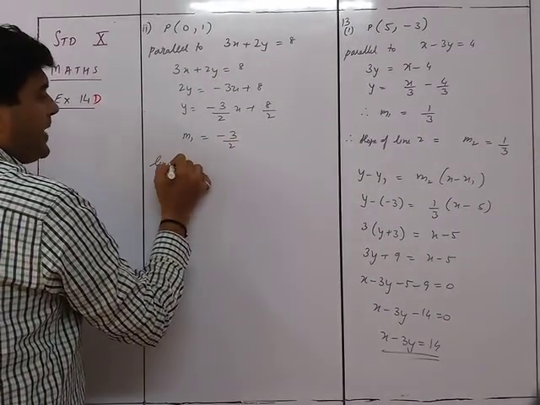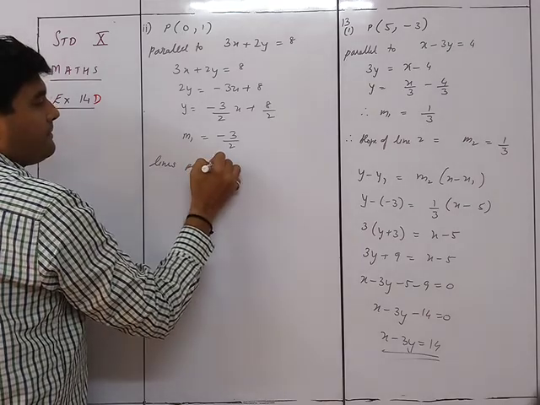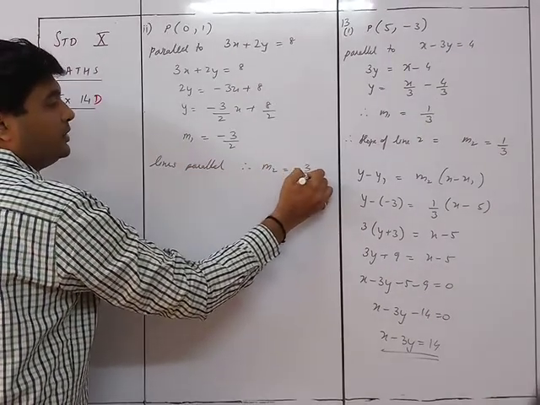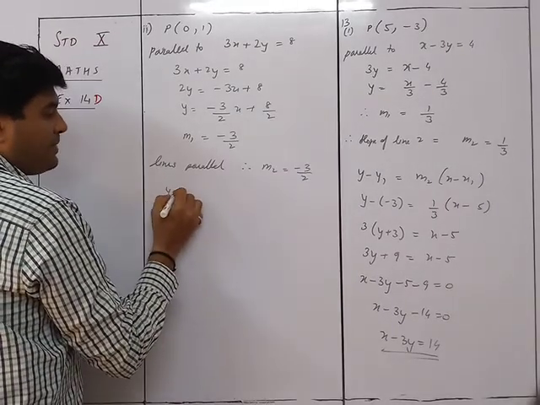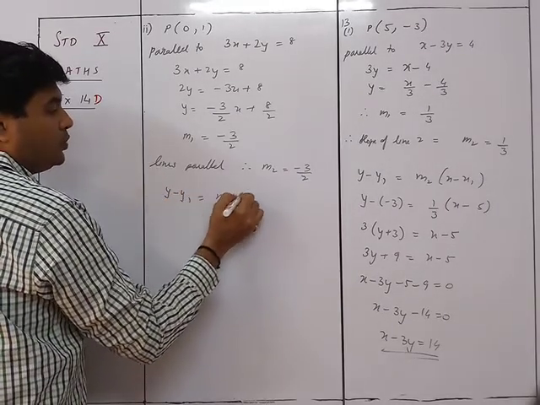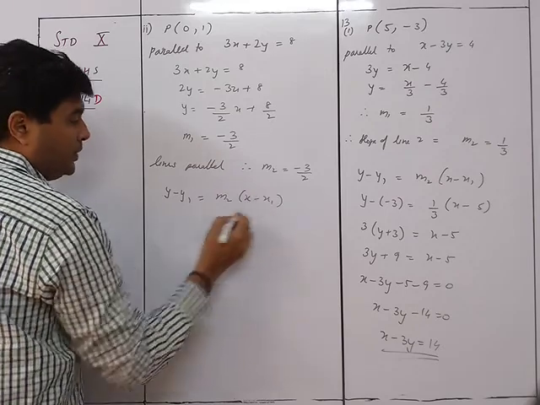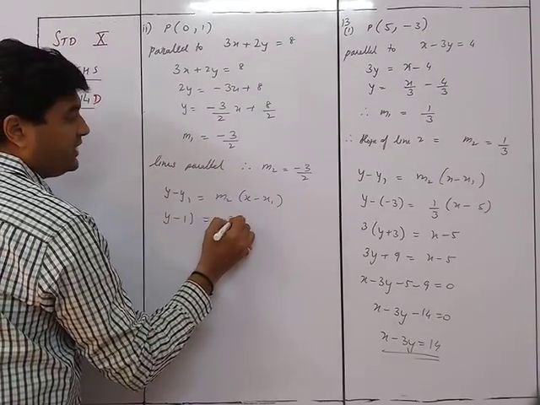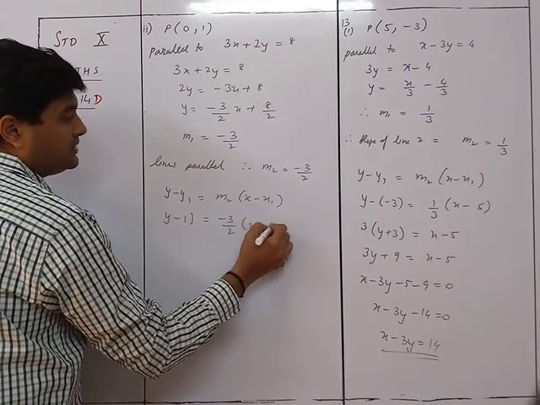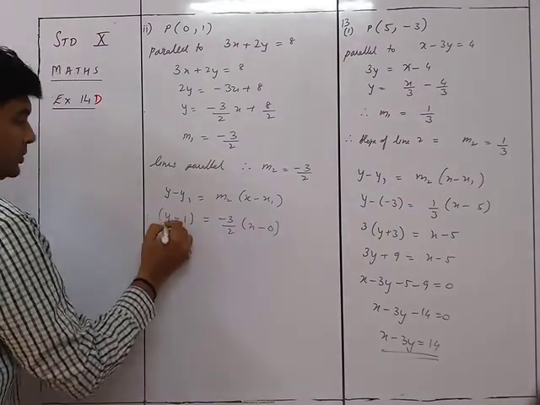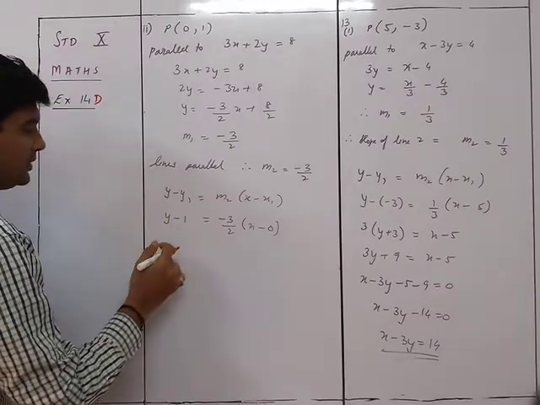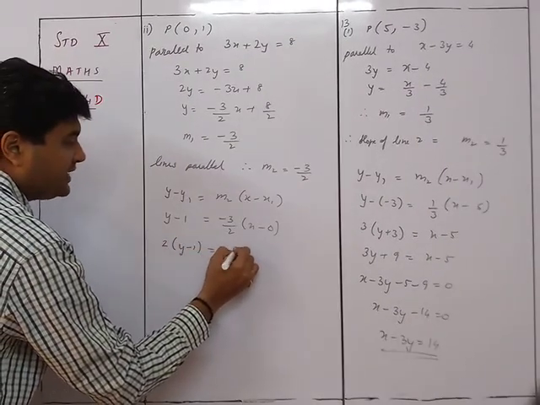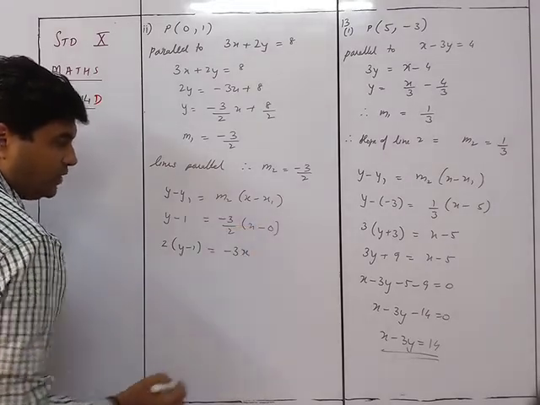The lines are parallel, therefore m2 is equal to minus 3 upon 2. Therefore, y minus y1 is equal to m2 times x minus x1. We get y minus 1 is equal to minus 3 upon 2 times x minus 0. So it is nothing but 2 times y minus 1 is equal to minus 3x plus 0.